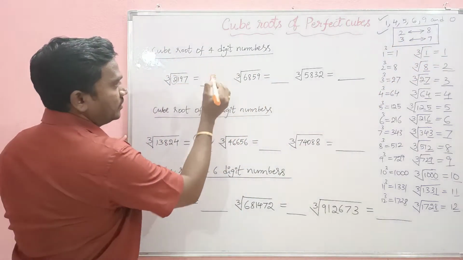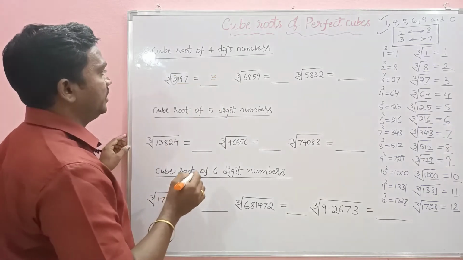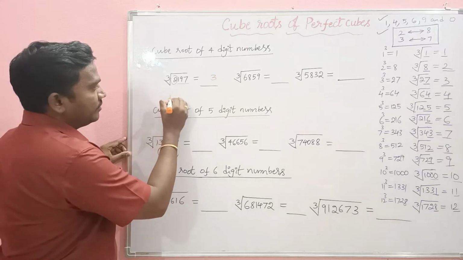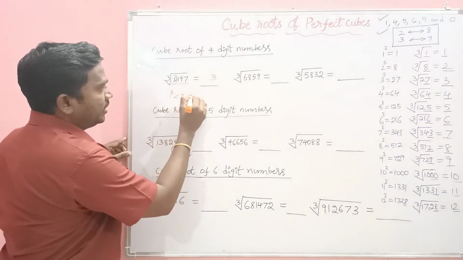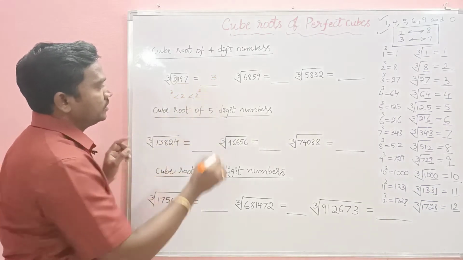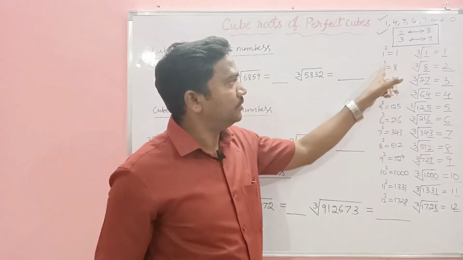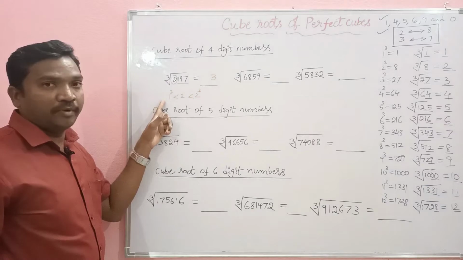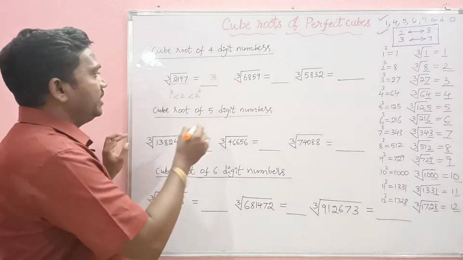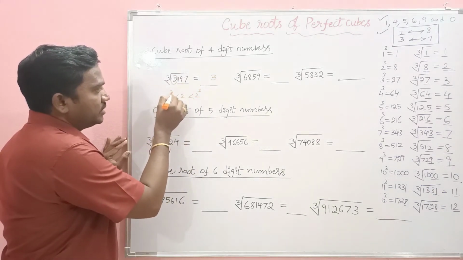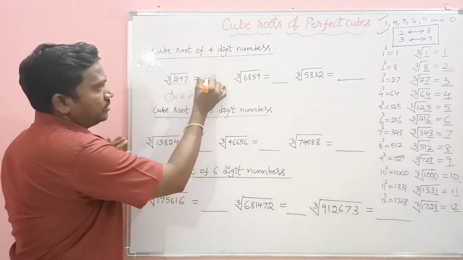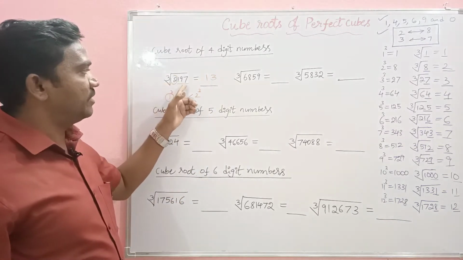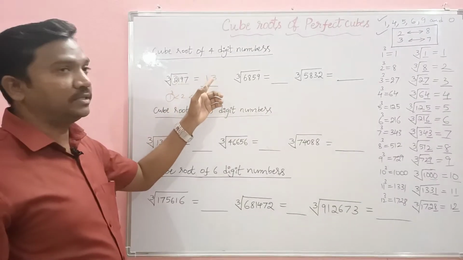So here the units place is 3. Now here this 2 lies between 1 cube and 2 cube. 1 cube is nothing but 1, 2 cube is nothing but 8. So 2 lies between 1 cube and 2 cube. But here we have to take the smallest one. So take 1. So cube root of 2197 is nothing but 13.